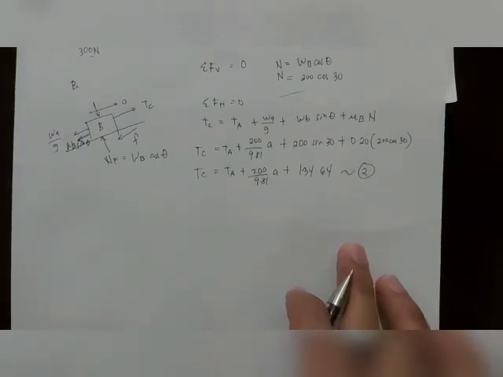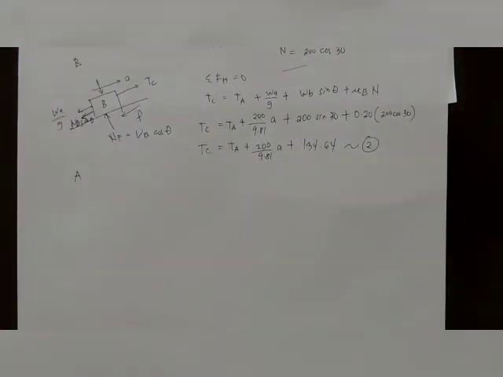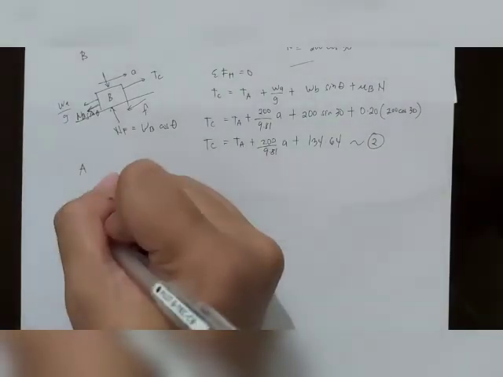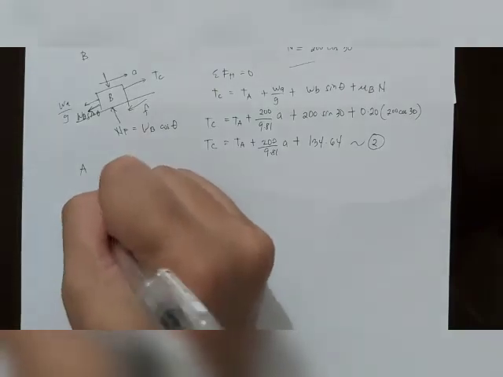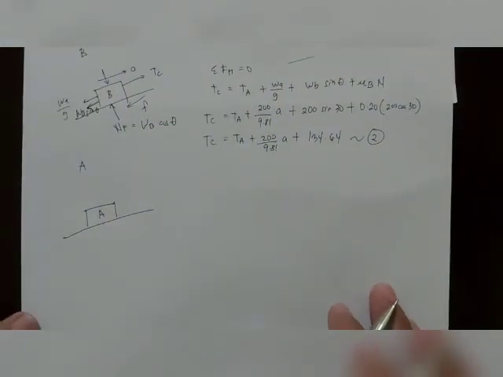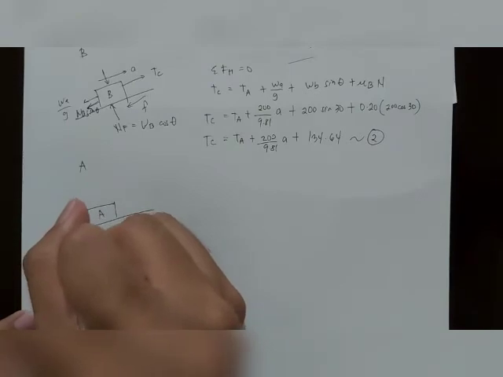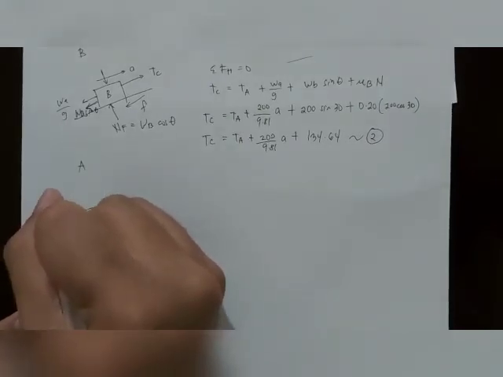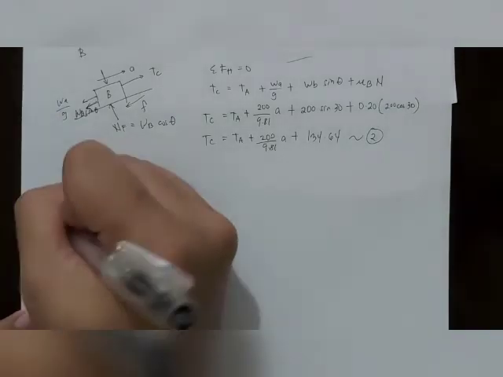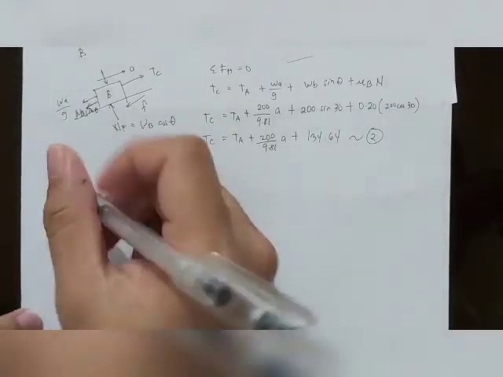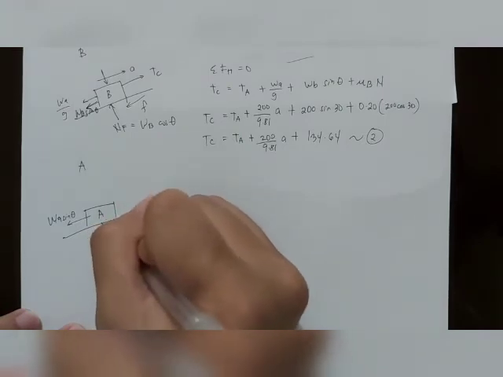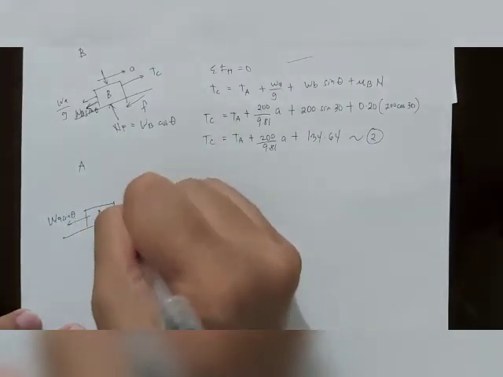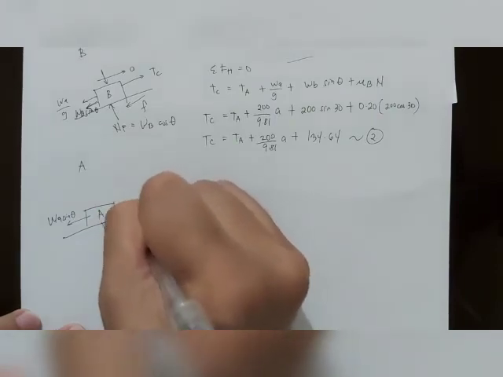So let's move on to block A. Okay, this is the diagram of block A, so this is our figure. So we have the inclined plane. We have these components: the weight W_A sine theta, and the weight of A, W_A cosine theta.